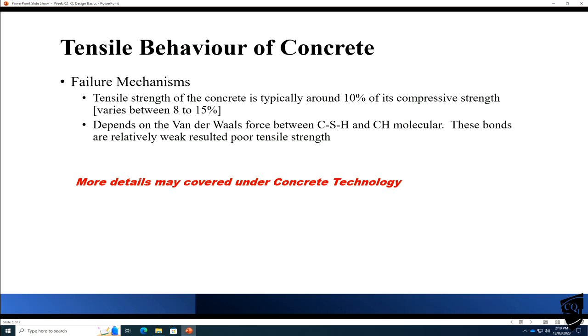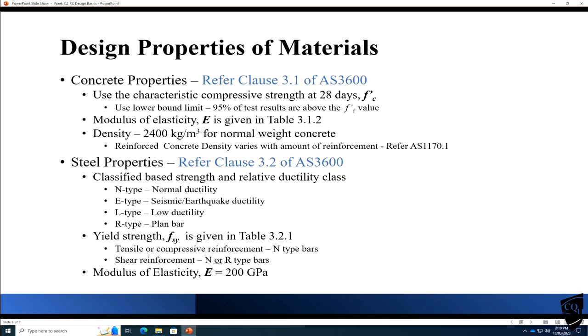So it's Van der Waals bonding. The bond strength is very weak, as you know from chemistry, so that gives a poor tensile strength. So these are the general ideas.